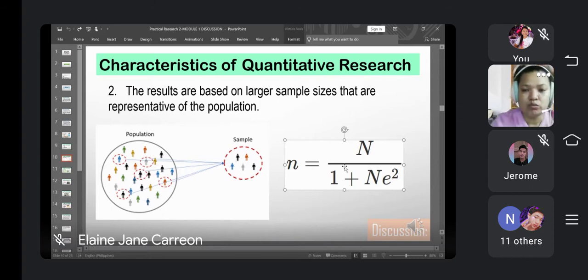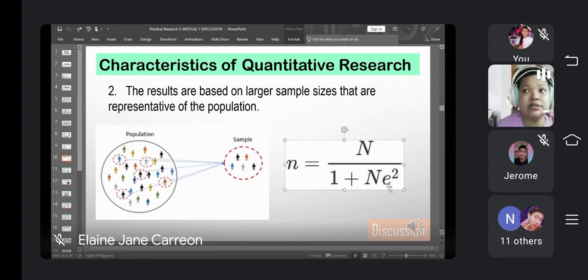Okay? Kung naaalala mo yung confidence level, 90% confidence level, the researcher is 90% confident that his research is correct or accurate. Ilan ang margin of error nun, kung 90% ang accuracy? Kung 100 ang 100%, di ba?